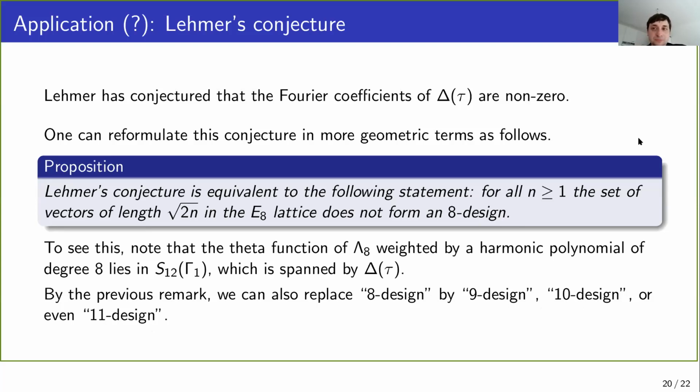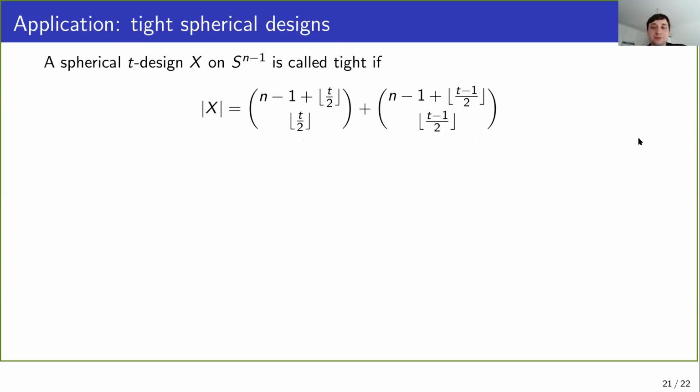Okay. So next is the application, which is a real application, but I won't tell you all the details. But I already said what the design is. So a spherical design is called tight if it matches the so-called lower bound or the absolute bound. Usually people separate the even and odd case, but I decided to put it in one formula.